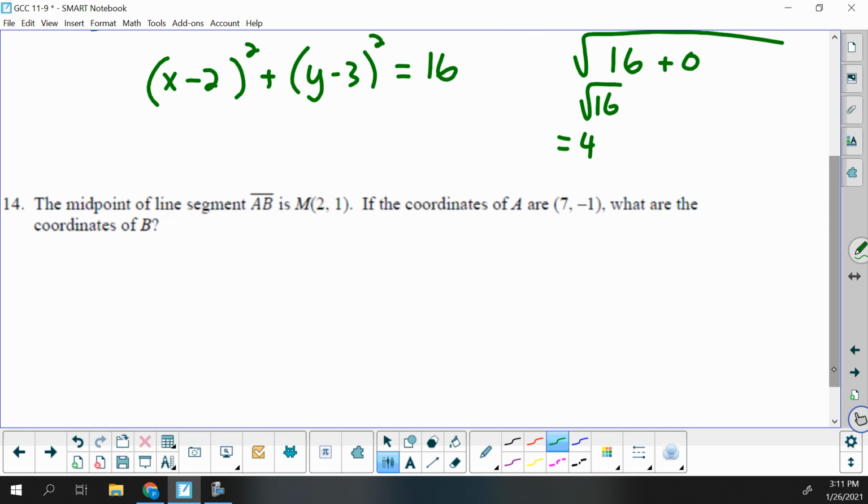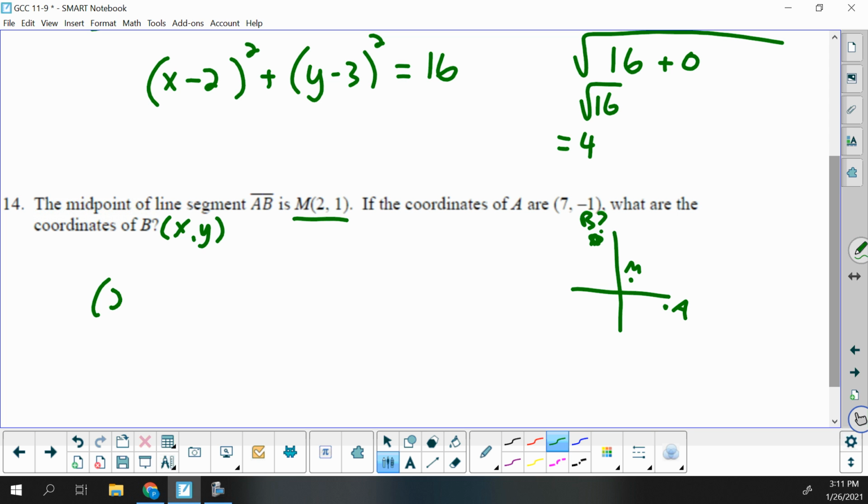Next one, we've got a midpoint that they tell us is 2, 1. We've got point A is 7, negative 1. So 7, negative 1 is out here. 2, 1 is here. That's our midpoint. So there's got to be some point up here that's the other endpoint that we're looking for, B. So here's A, here's B, and that's what we don't know. Well, let's imagine B is x comma y.